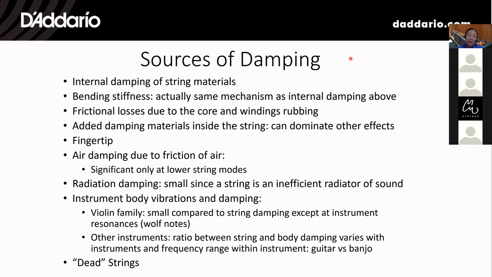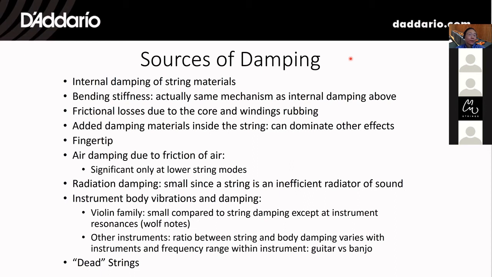And as Jim has pointed out to me, the damping due to bending stiffness is actually the same mechanism of damping as the internal damping above. And you can read all about it in one of his recent papers on his website that he co-authored with Nicholas Lynchard and about that.